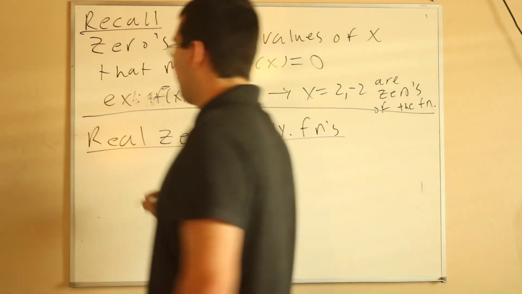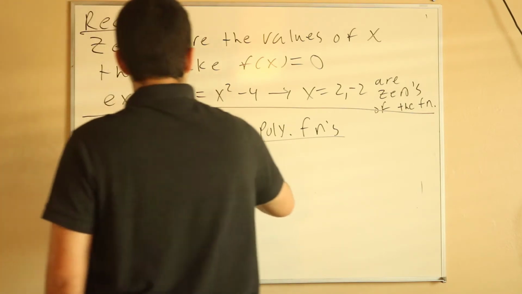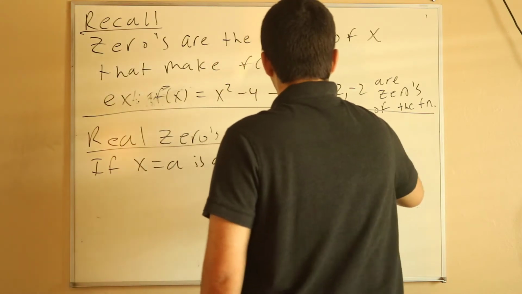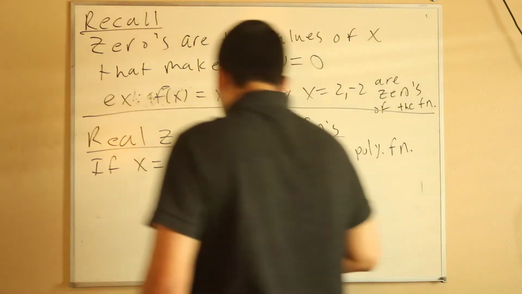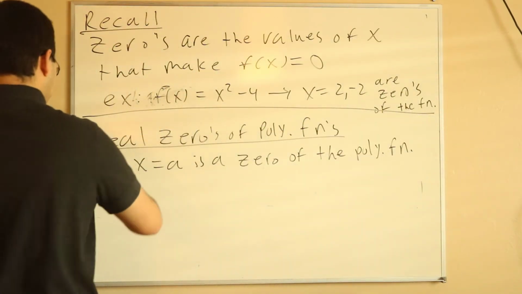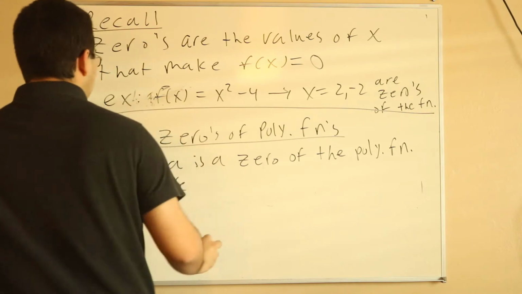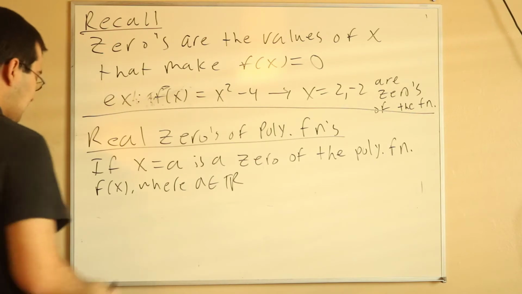So if x equals a is a zero of the polynomial function f of x, where a is a real number, then we can make these following statements.